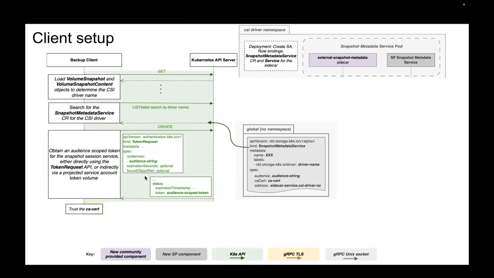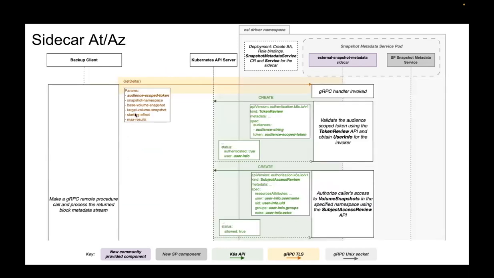Once it gets the token, the next step is calling the gRPC endpoint with the given params. We specify the audience-scoped token we generated in the first step, as well as other information like namespace, base snapshot, and target snapshot.